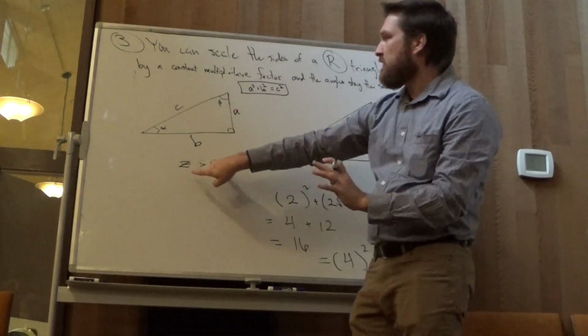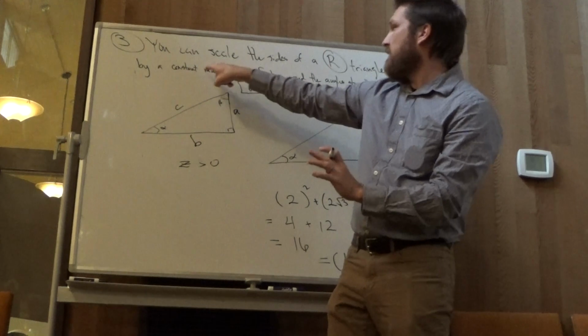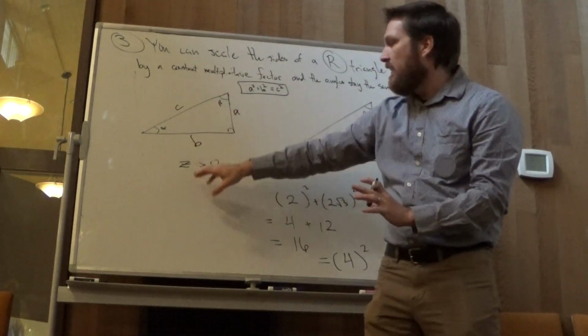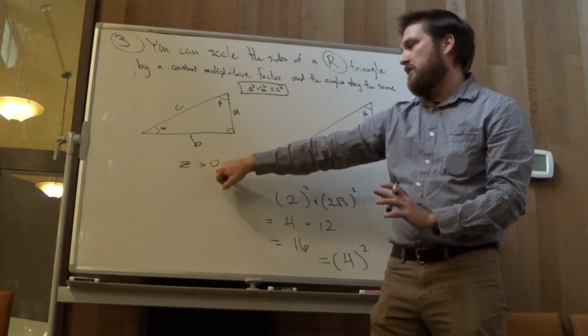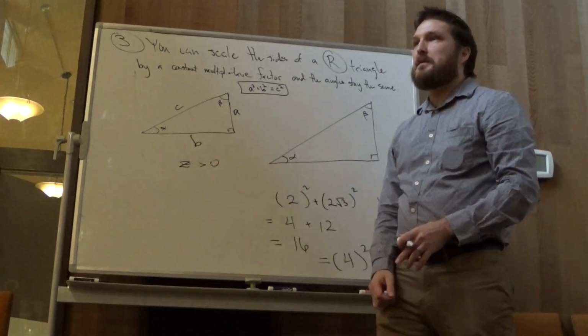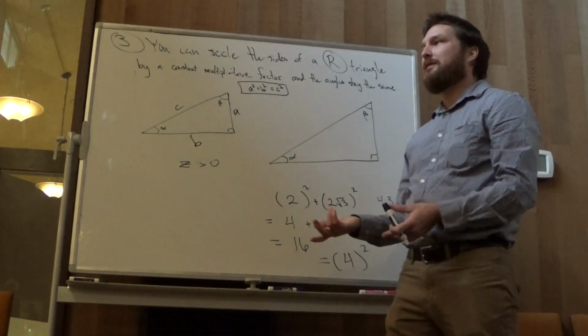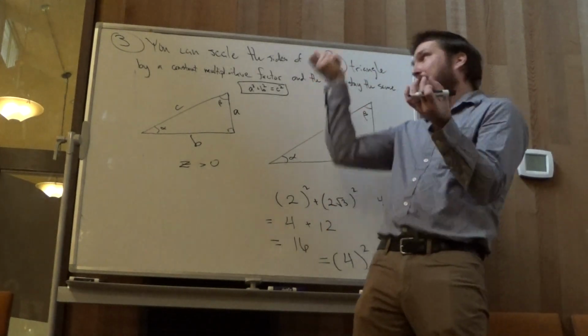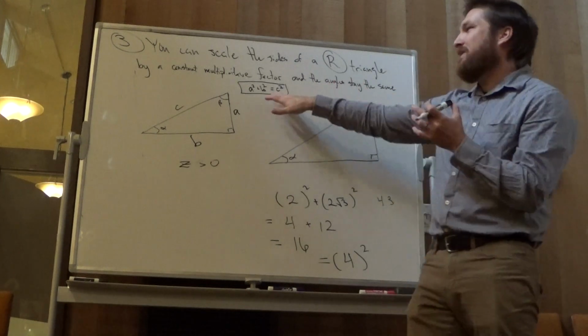So the constant multiplicative factor that we're going to multiply each one of these sides by, we're going to say it just has to be bigger than 0. Because if it's equal to 0, do you have a triangle anymore? No. You have a point, I guess. So that's certainly not going to apply.